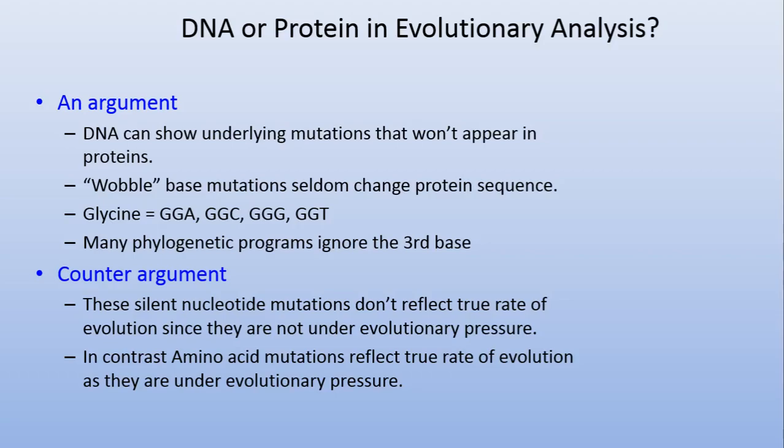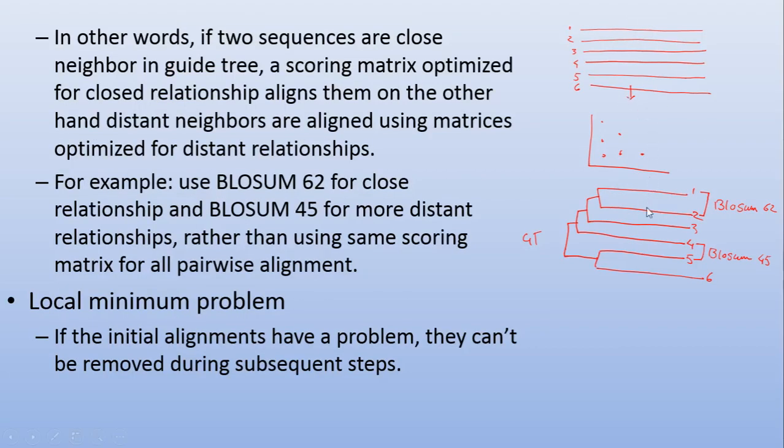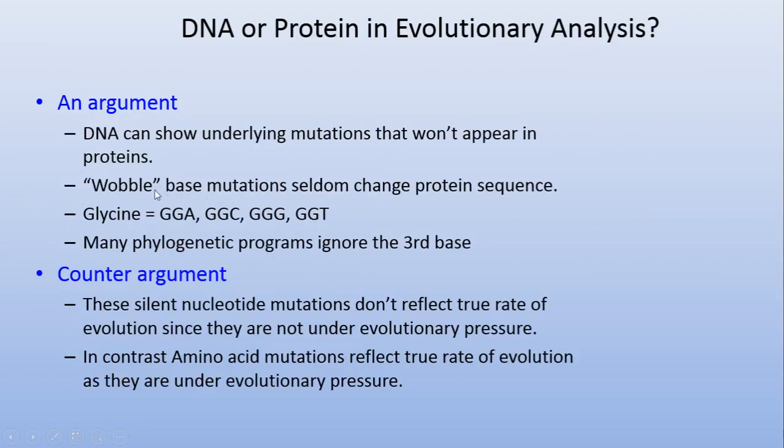One can put forth an argument that DNA can show underlying mutations that will not appear in your proteins. You have wobble-based mutations that would seldom change the protein sequence. Say, for example, glycine can be coded by multiple codons. GAA would code for glycine, GGC would code for glycine, and so on.